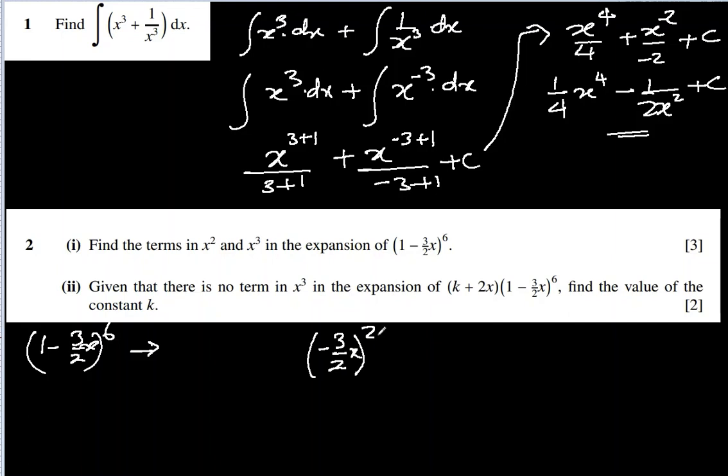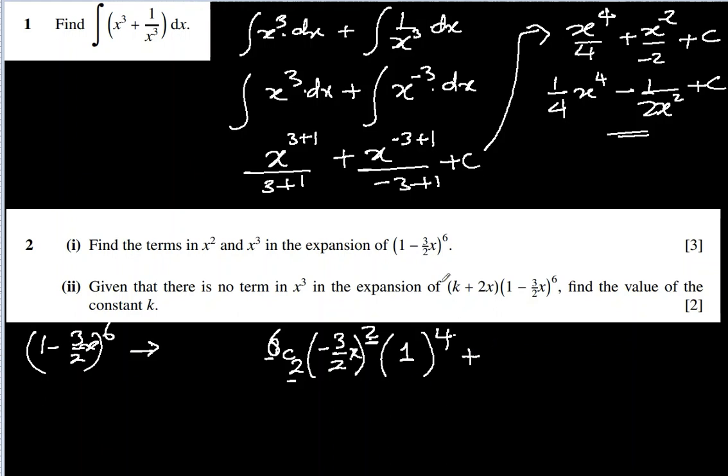We want square so that this x becomes square, right? And that's how, the n is 6 in this case, the exponent here, c2, this number and this number must match. And the remaining 4 exponent, 2 plus 4 should be equal to 6. The 4 exponent will go to the other term in the bracket. Minus 3 over 2 has been taken already, so 1 will be written here.